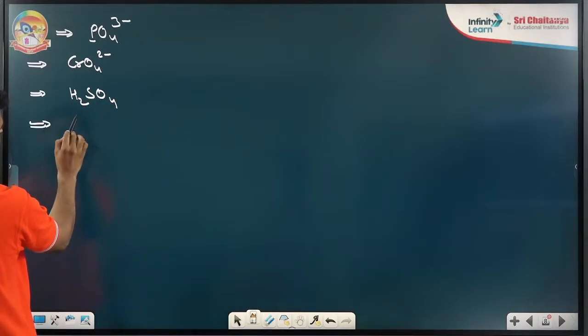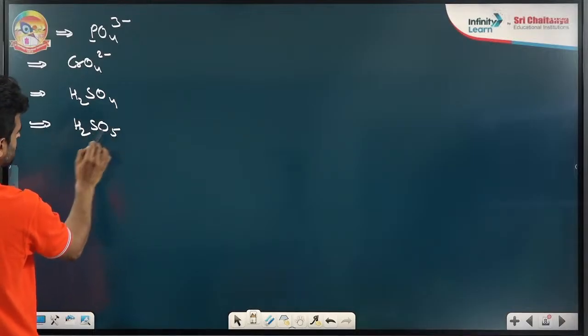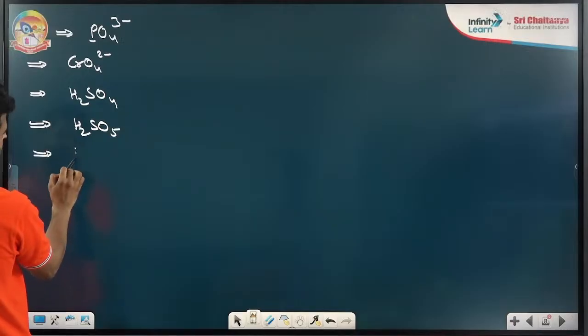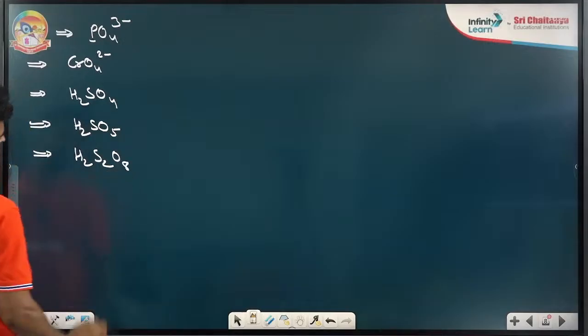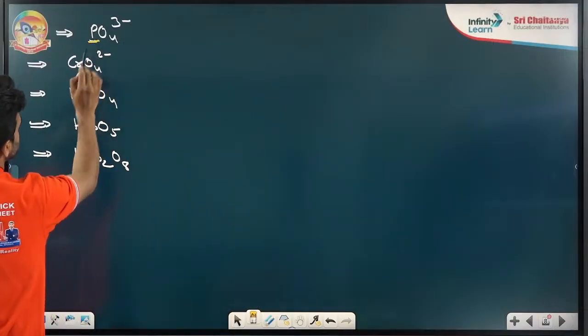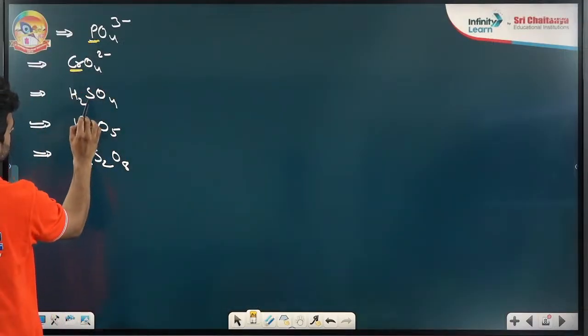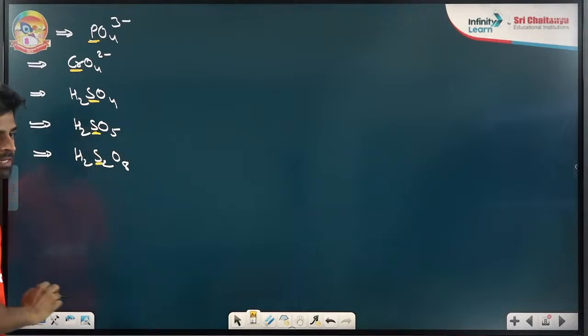Here we have S2O5, be careful about this special point. And we have S2O8. Here we have to find for phosphorus, here for chromium, and here for sulfur, sulfur, sulfur. Please tell me.